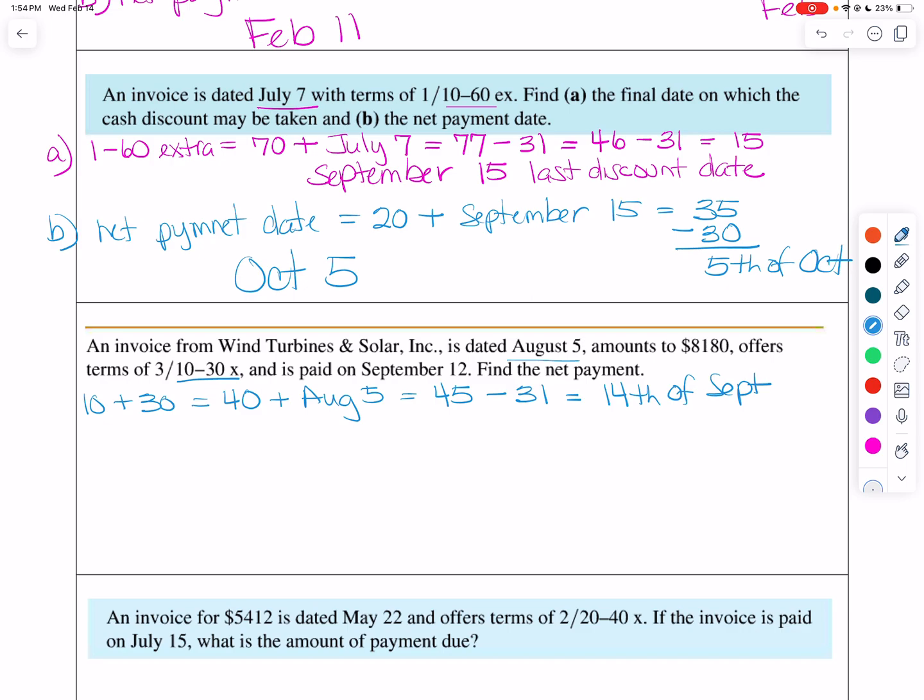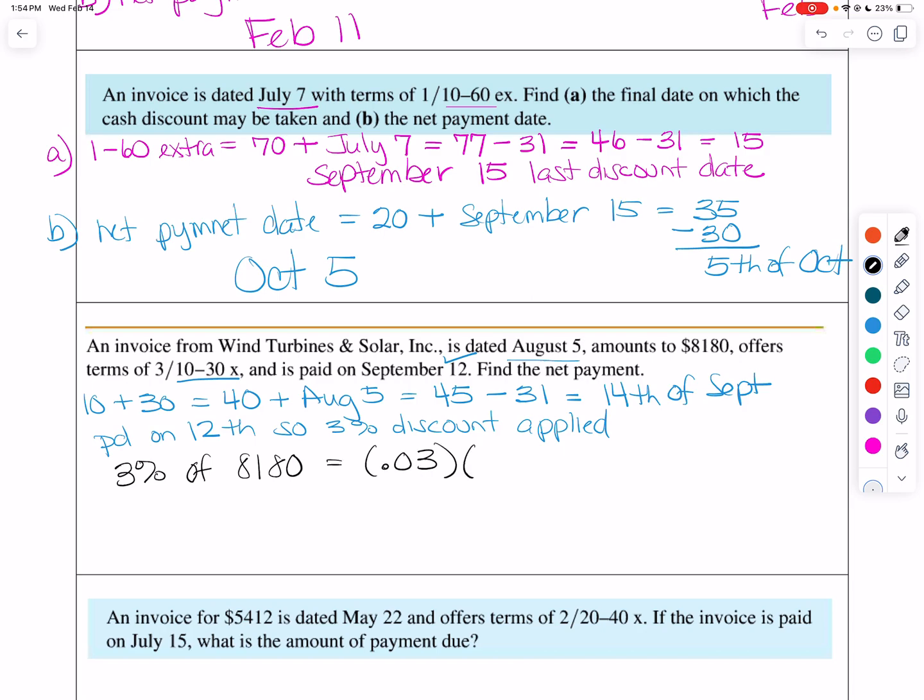And they paid on the 12th. So we get a discount, okay? Paid on the 12th, so a 3% discount applied. So we're going to take 3% of 8,180, and that is a discount of $245.40.